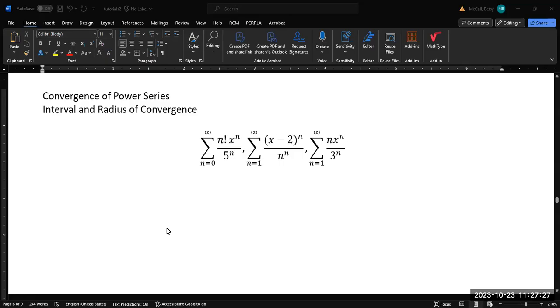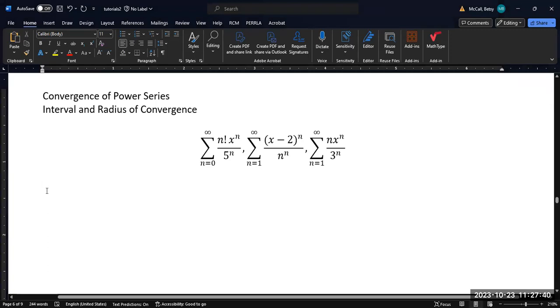All right, so in this video, we're going to look at how to find the interval and radius of convergence for power series. Now, there's essentially three kinds of scenarios where your power series will converge. Option one is that it converges only at a single point.